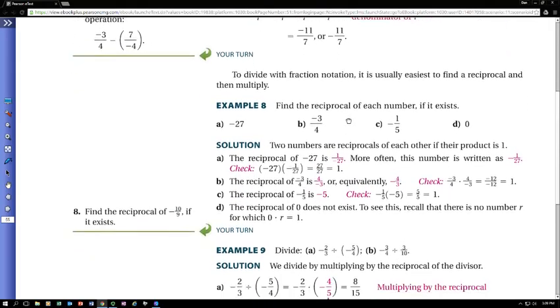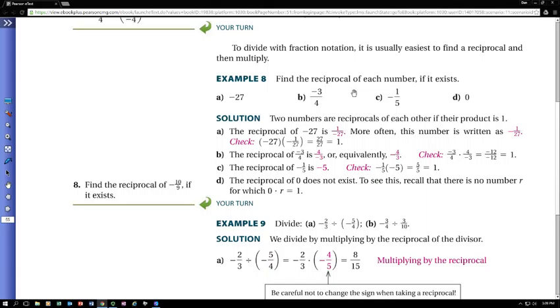Now, here's another place, another example, where we see a lot of errors: find the reciprocal of. Now, the definition of a reciprocal is when I take a number times its reciprocal, I get the identity of multiplication, 1.